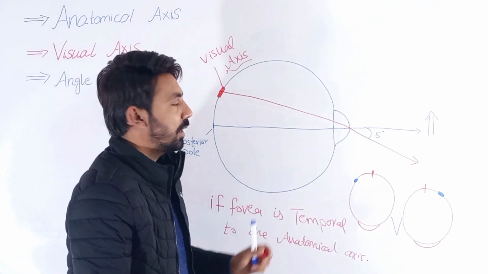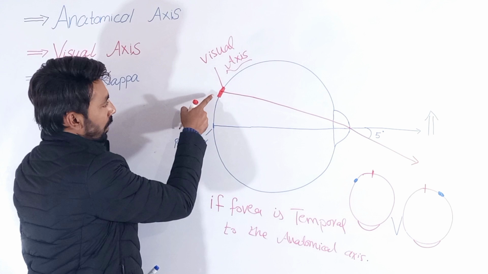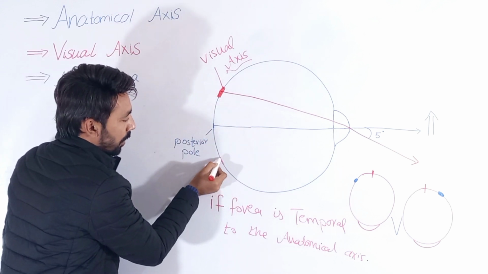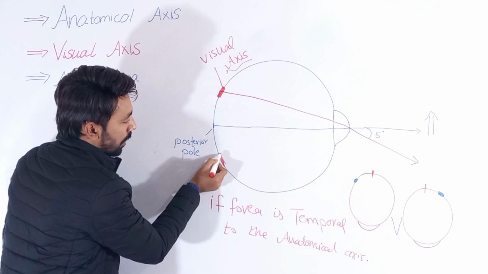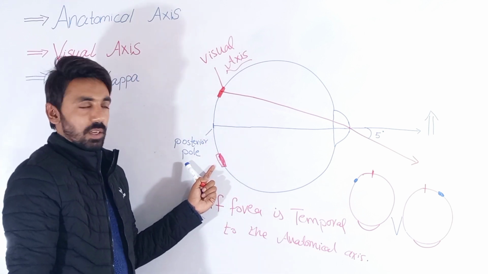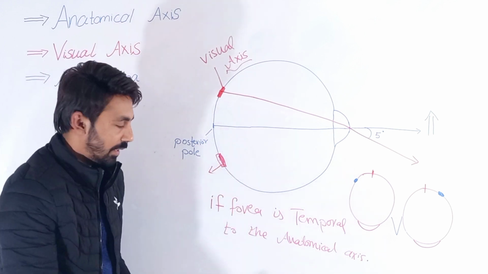Now we will learn about the negative angle kappa. If under any condition the fovea centralis is somehow at the medial side of the eyeball, at the nasal side of the eyeball, this condition is called the negative angle kappa, right?